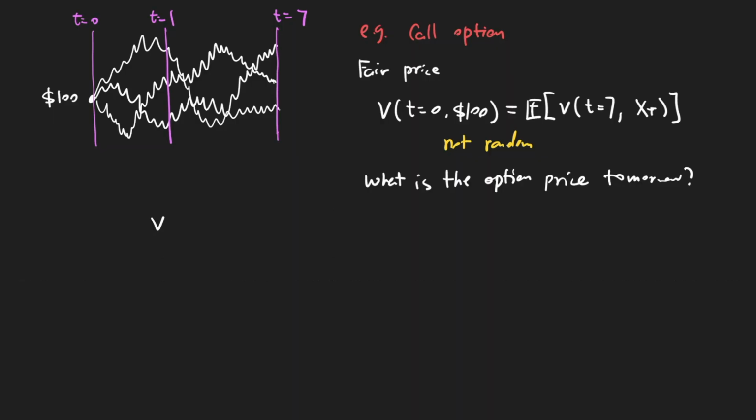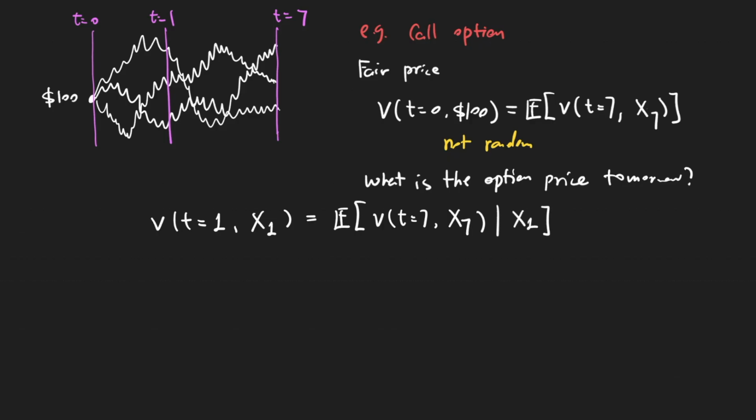We are interested in tomorrow's option price, so t equals 1. But now we don't know the stock price, so we use a placeholder x1. That equals the expectation of the option price at day 7. The stock price at day 7 is still unknown. Now we need to condition this option price based on tomorrow's stock price.